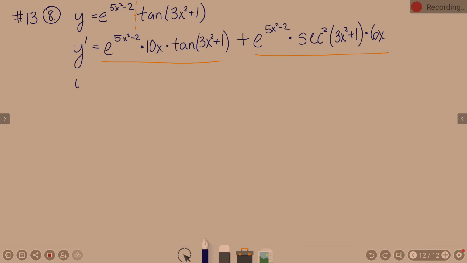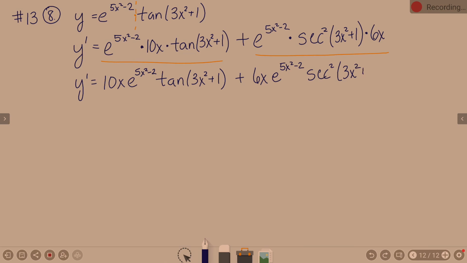So I feel like I would do the 10x out front, e to the 5x squared minus 2 times tangent of 3x squared plus 1. Same thing over here. I don't like that 6x at the end. So I'd probably do 6x times the e to the 5x squared minus 2 times my secant squared of 3x squared plus 1. That is an acceptable answer.